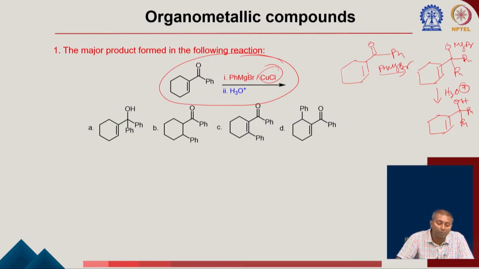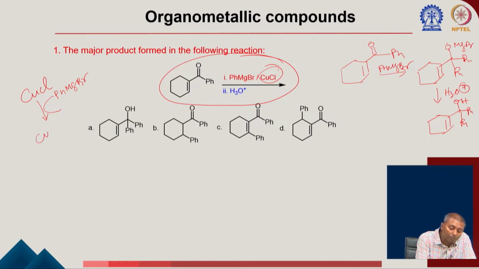What is happening here? Once you have copper chloride and you treat it with phenyl magnesium bromide, you are generating the organocopper species, copper phenyl, and magnesium BrCl.